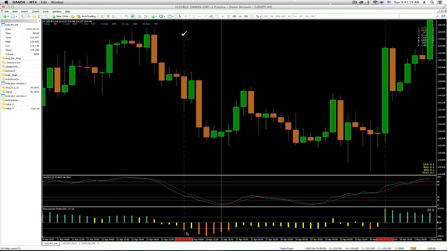We have an orange bar if it's under 100, making it visually easier to see what's going on.